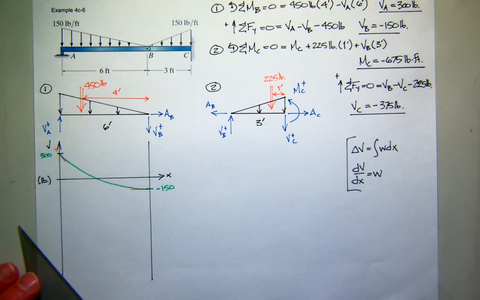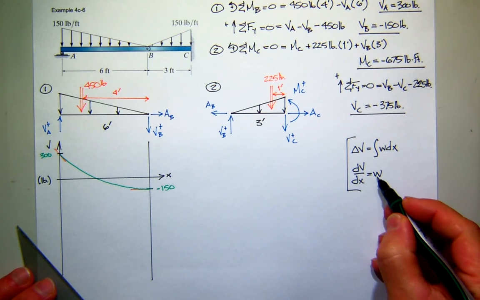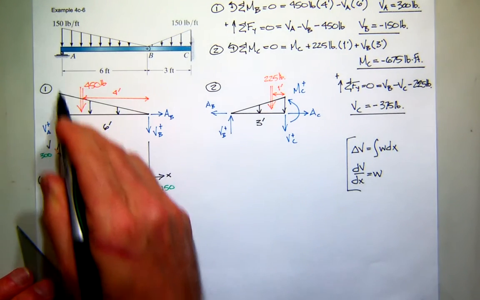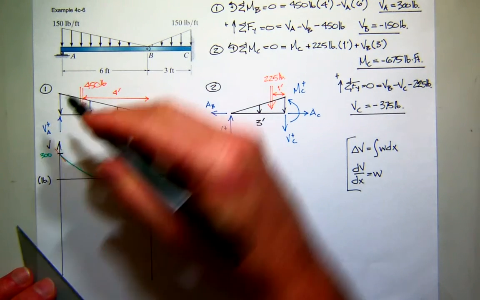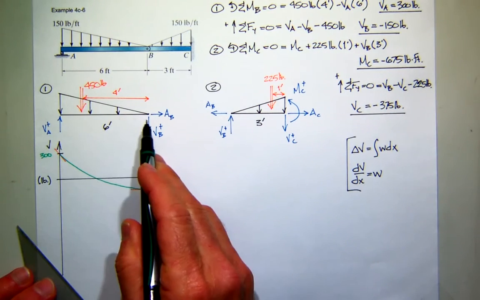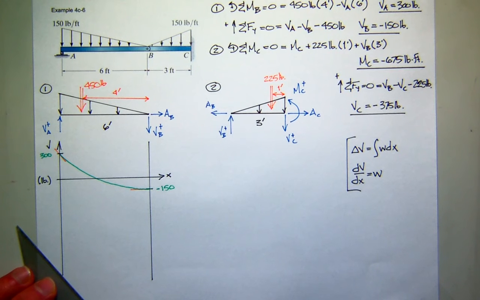Why is it 0? Why is the slope 0? Well, remember the slope is given by the load, right? So you look up here, what's the value of the load right here? Well, it's 150 and it's negative. So that means this slope here is actually negative 150. And it decreases to 0.